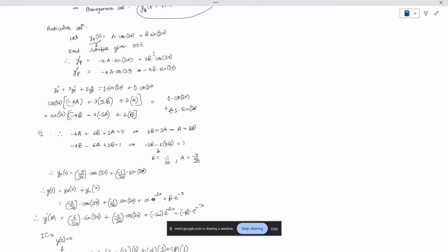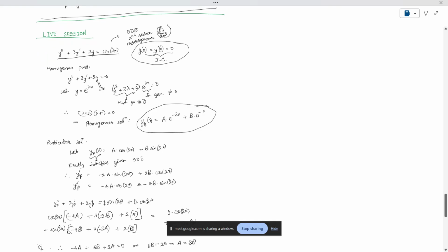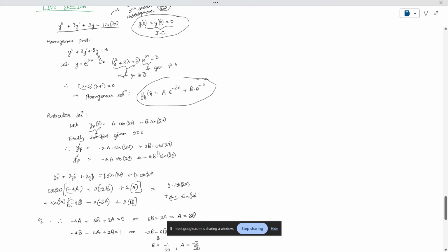With a little bit of prior knowledge, you can understand that the solution should be of the form a cos of 2x plus b sine of 2x.